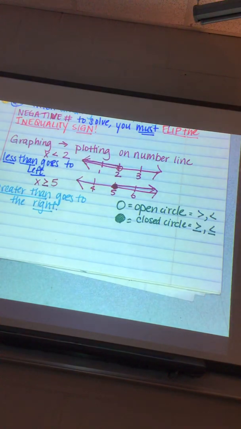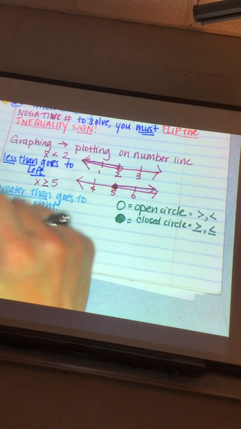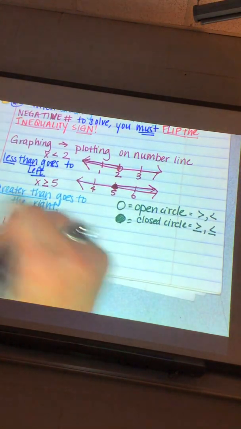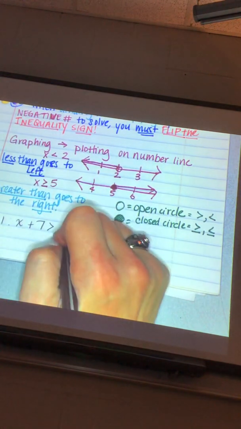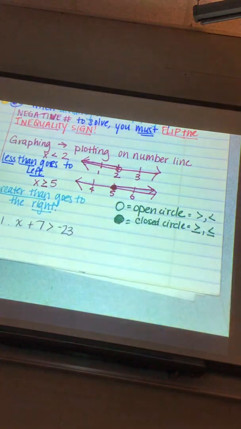Example 1. X plus 7 is greater than negative 23. Remember, we want to get this x by itself. So it's the same rules that we use with solving equations.